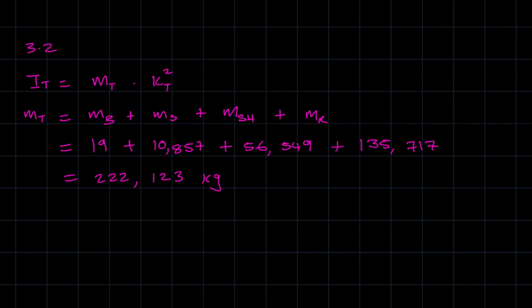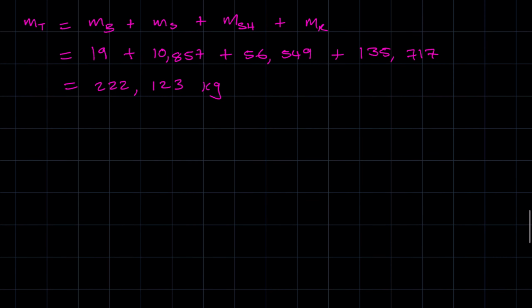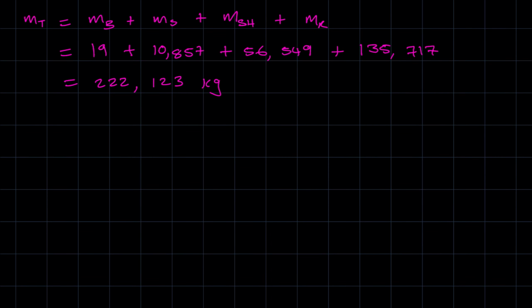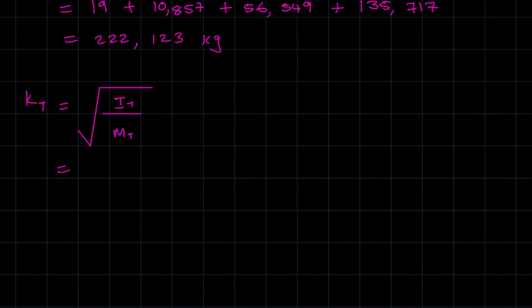So if you look at this formula here, this is what we're looking for. So just K, we have this, now we have that, so we can get K. Making K the subject of this formula, total K is equal to the square root of I total divided by M total.